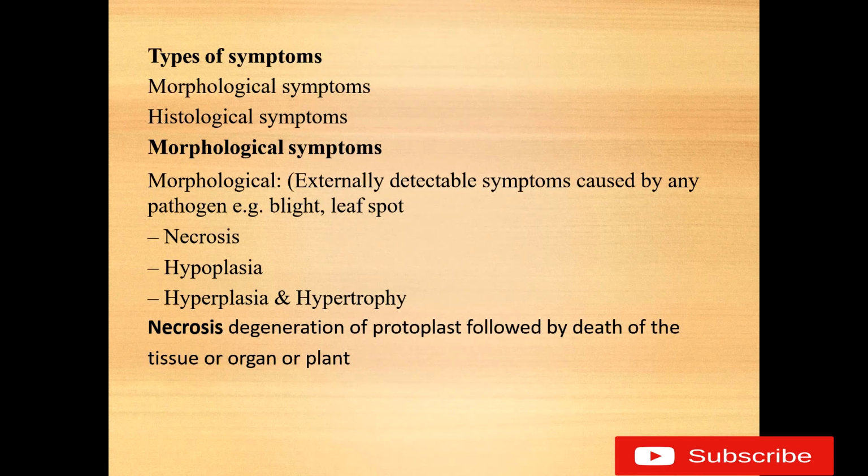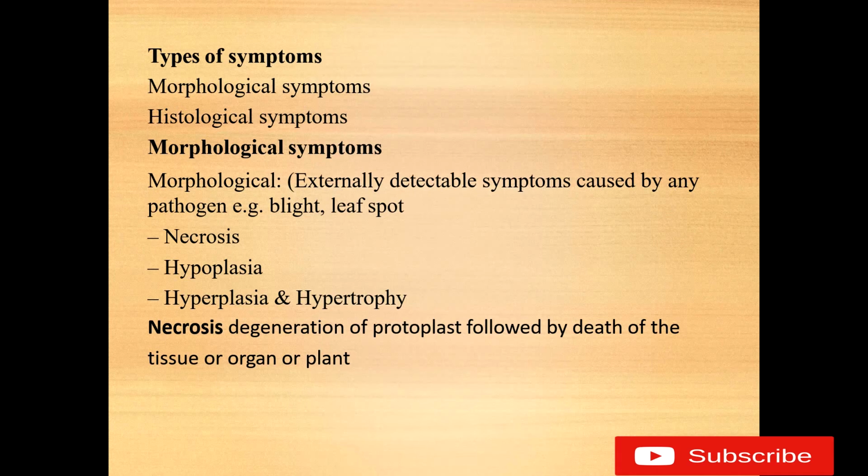There are two kinds of symptoms: morphological symptoms and histological symptoms. What do you mean by morphological symptoms? It means we can see them morphologically, they appear physically. Examples are necrosis, hypoplasia, hyperplasia, and hypertrophy. These are easily detectable symptoms of any pathogen.